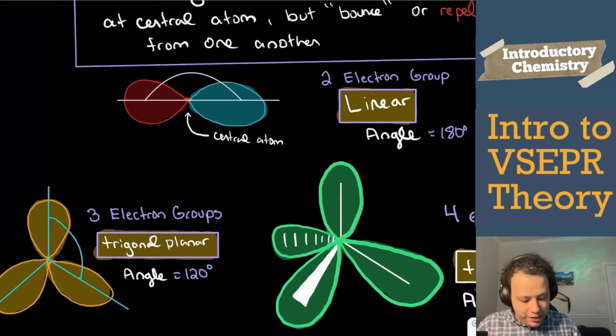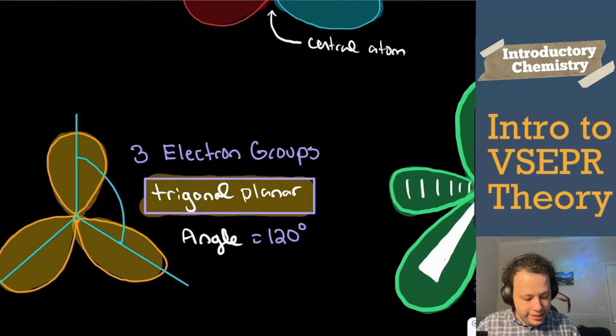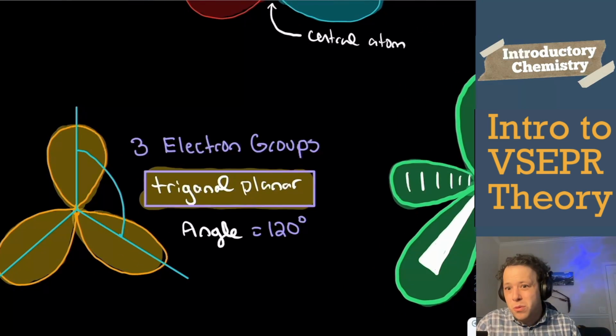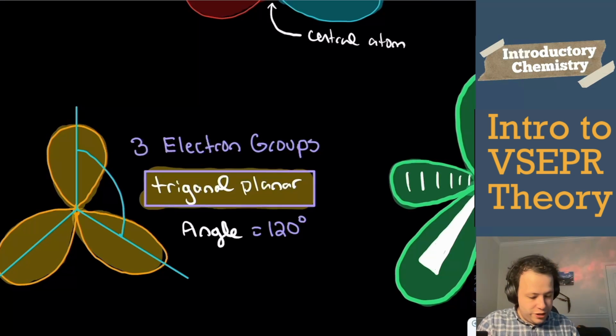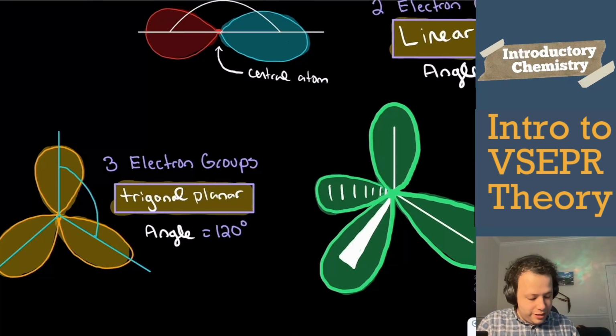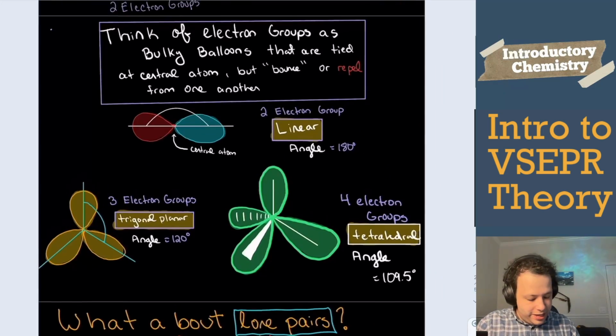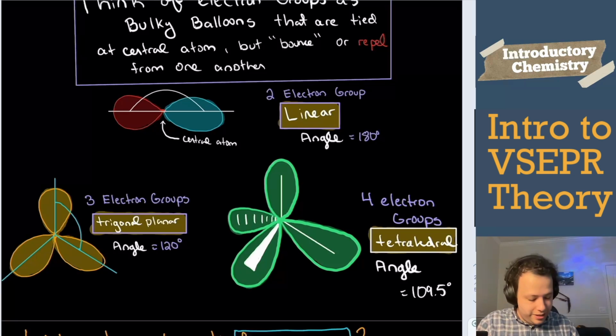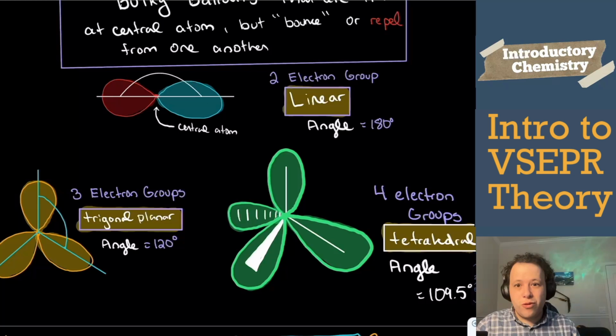Now if we change that picture to, let's say, 3 electron groups, what's the most that they can be apart? If I hold 3 balloons that are all far apart from each other, we can see that we have 1, 2, 3. A triangle would be that perfect shape, showing 120 degrees, and trigonal planar is what this shape is called.